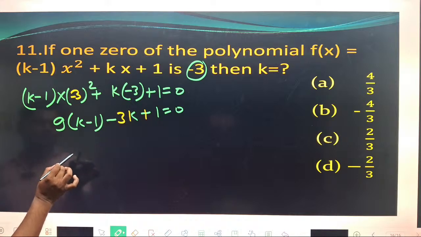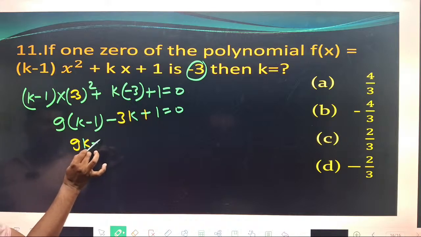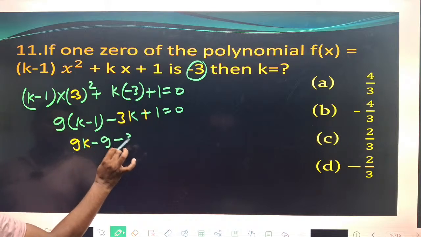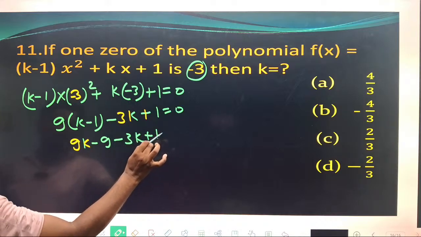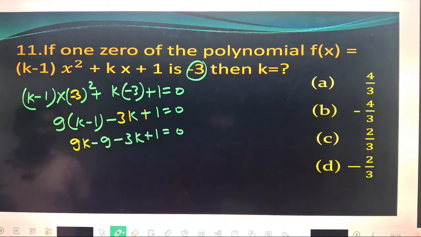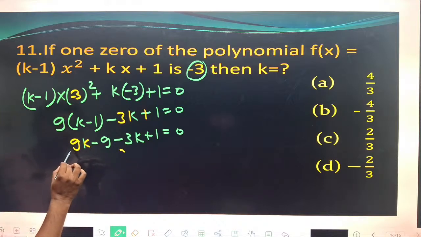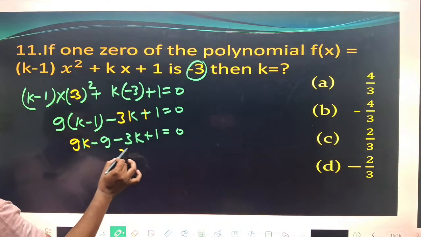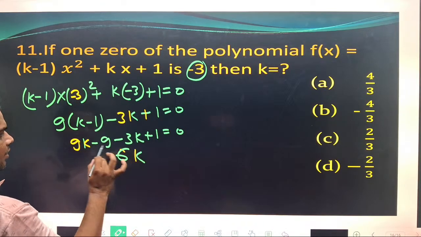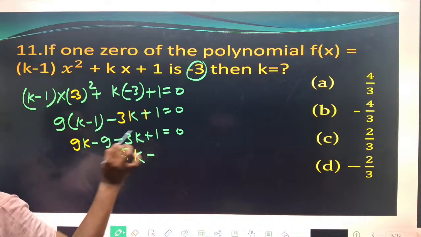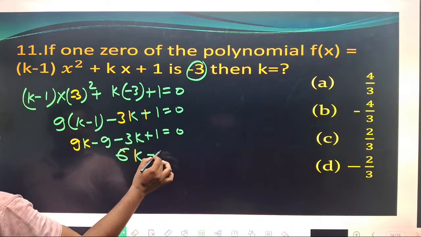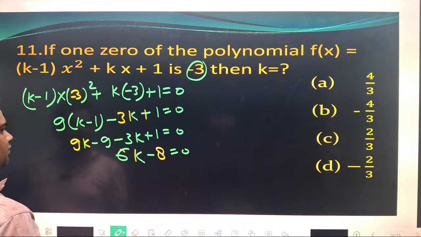Now 9k minus 9 minus 3k plus 1 equal to 0. So 6k minus 9 plus 1, which is minus 8, equal to 0.